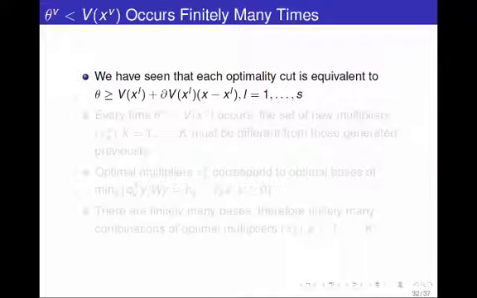So here's a question for you. Is it possible, as I'm running step 3 of the L-shaped method, that I return exactly the same multipliers that I got in a previous iteration of the same algorithm? Is it possible?